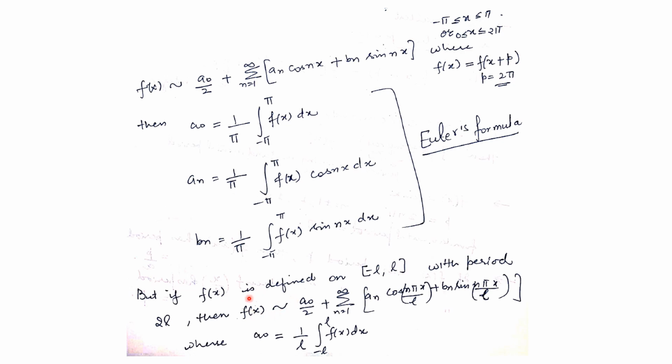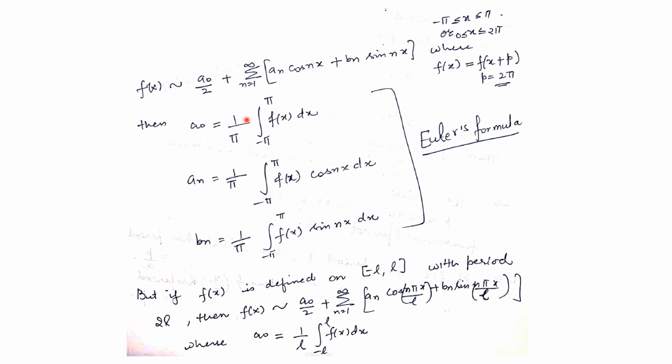Right? So once again, if f(x) is a periodic function defined on the interval minus L to L, then its Fourier series will be of this form, and we have to find the values of a naught, an's and bn's, which are evaluated using these formulas. A naught is equal to 1 over half of the period.